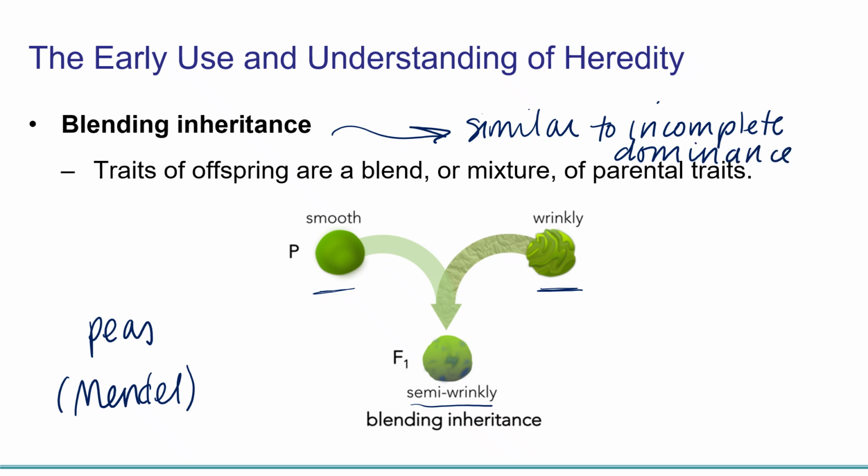But definitely not all traits exhibit incomplete dominance, and most of our traits are not showing blending. Most of our traits where we do see sort of a range, so if you have a tall parent and a short parent and you're right in between, that's actually many genes working together. So there is an explanation for when we do see some of these blending type traits.